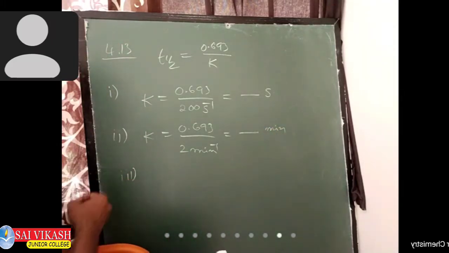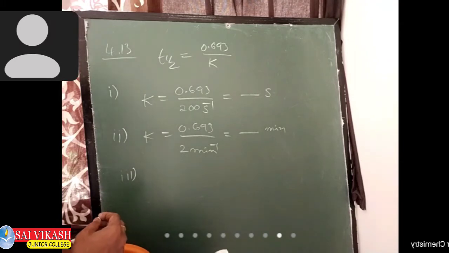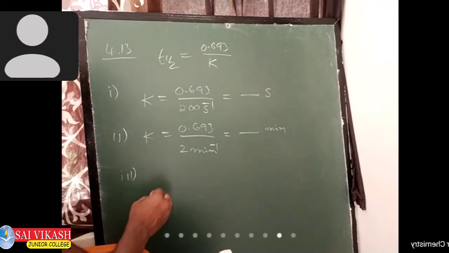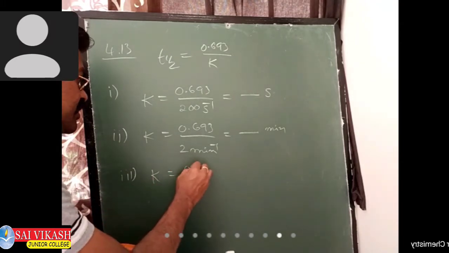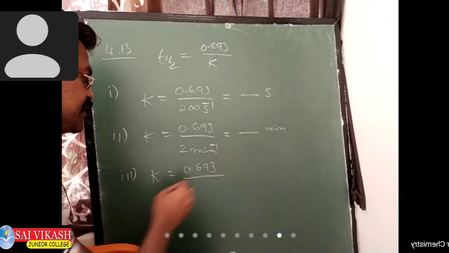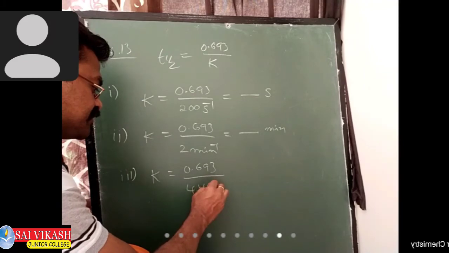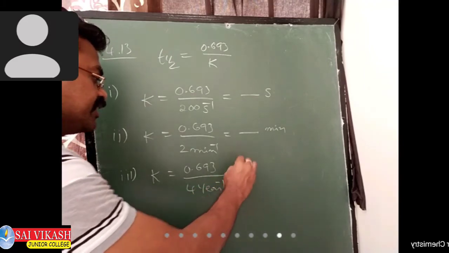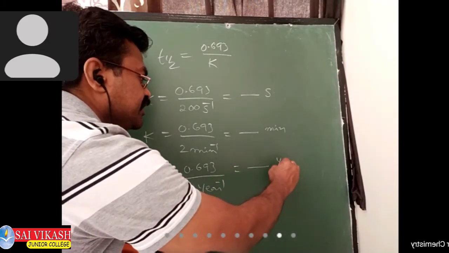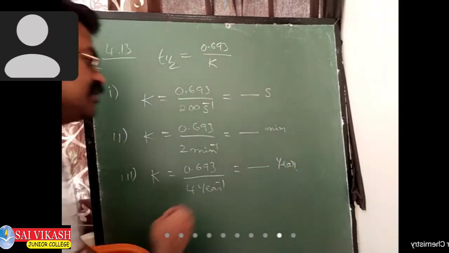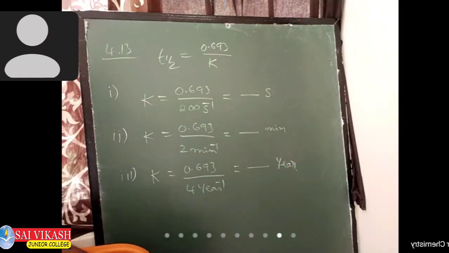And number 3, half-life is given as 4 years. Therefore K equal to 0.693 by 4 year inverse. So you will get something in per year. Like that, if you use these formulas, you will get the answers.